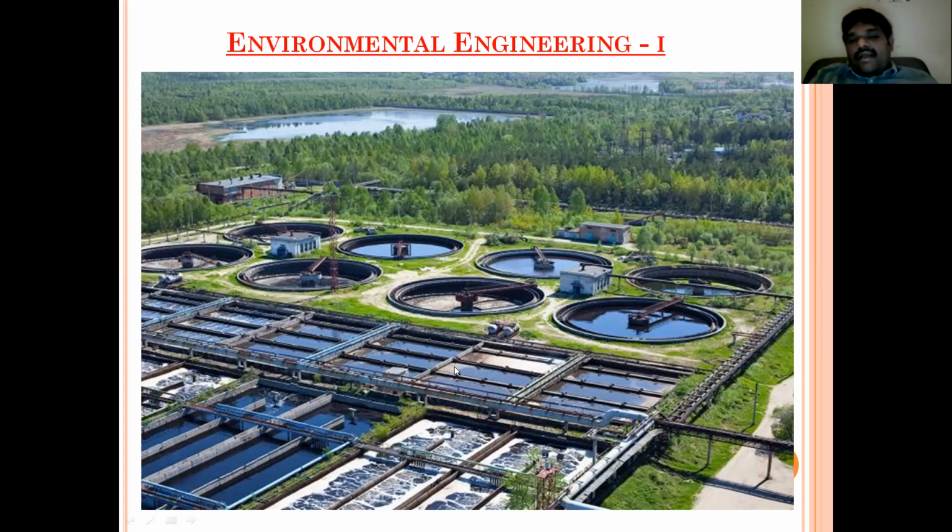When we were discussing the specifications to construct these treatment plants, the first specification is that all the units must be constructed in a sequential order of treatment. The second point, all the units must be constructed at an elevation where the water flows into the next unit by gravity.